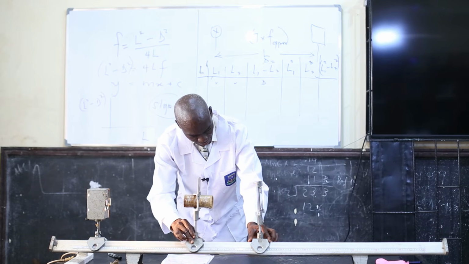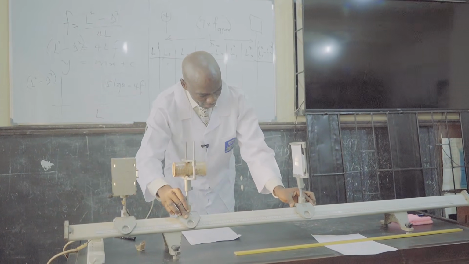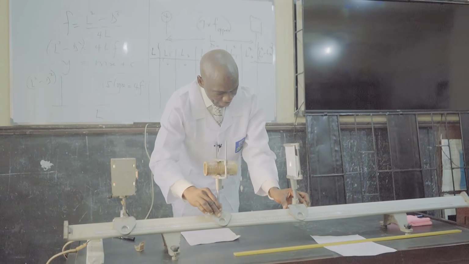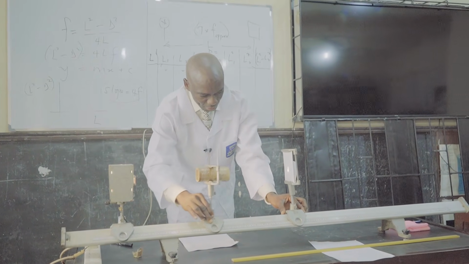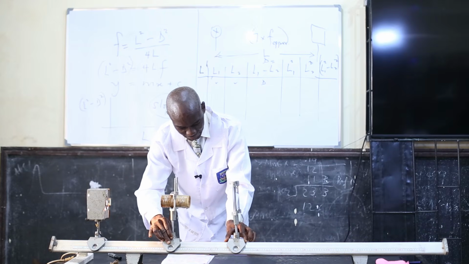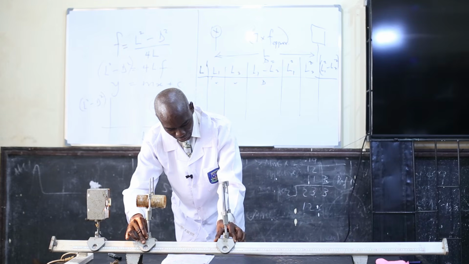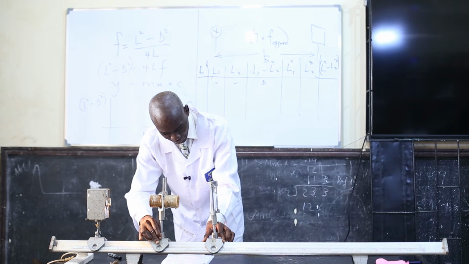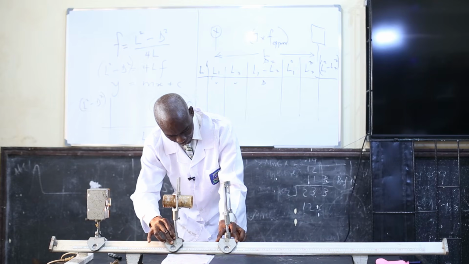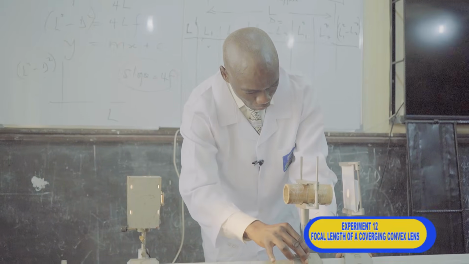So at this point, I still have my sharp image. I'll continue to decrease again by 5 centimeters. You check again, you have your sharp image. You decrease again by 5 centimeters, and you check again, until at a point I cannot obtain the image.